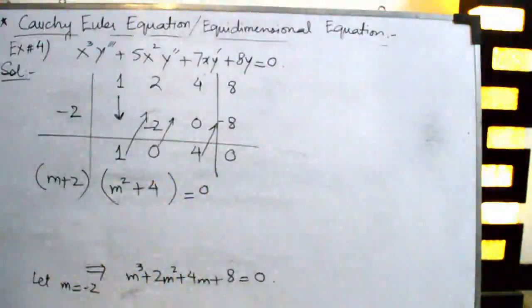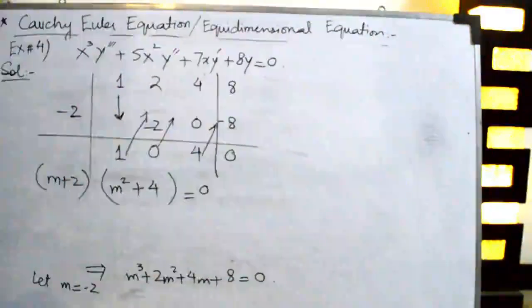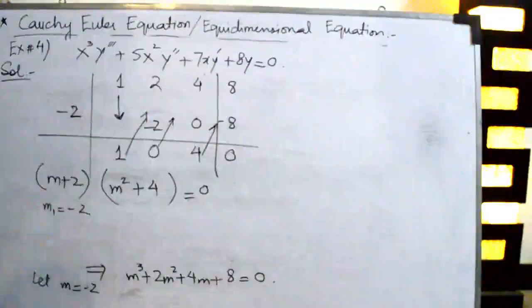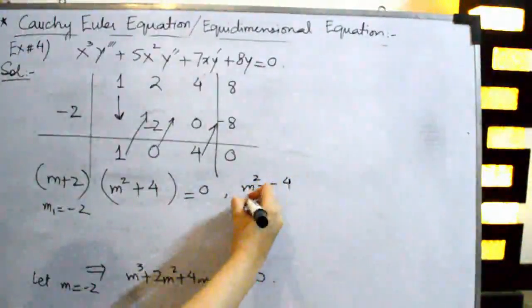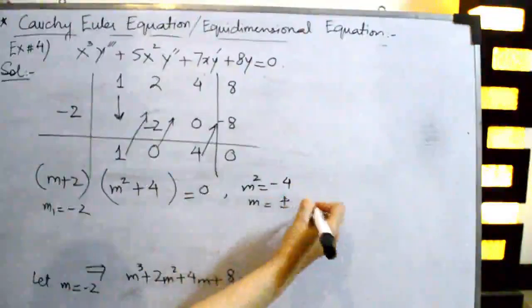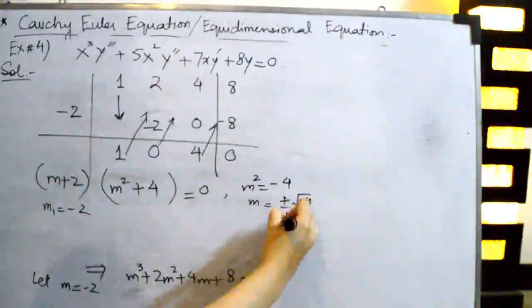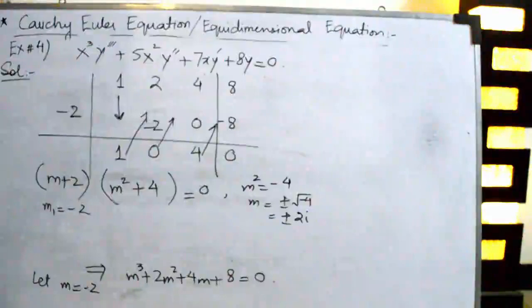I can see that if I split it, m1 equals minus 2 is a real root, and for the other factor, m square equals minus 4, which makes m equals plus or minus 2 iota. Yes, complex roots. There is no alpha here but a beta here, that is 2.